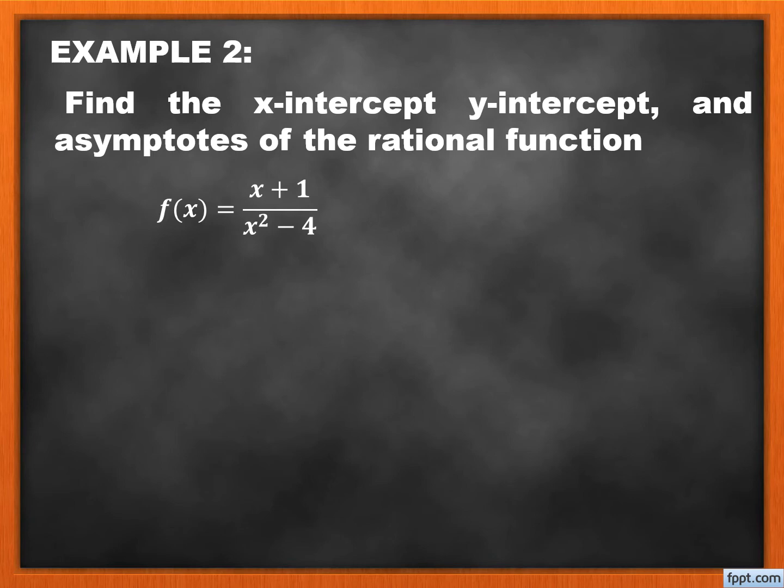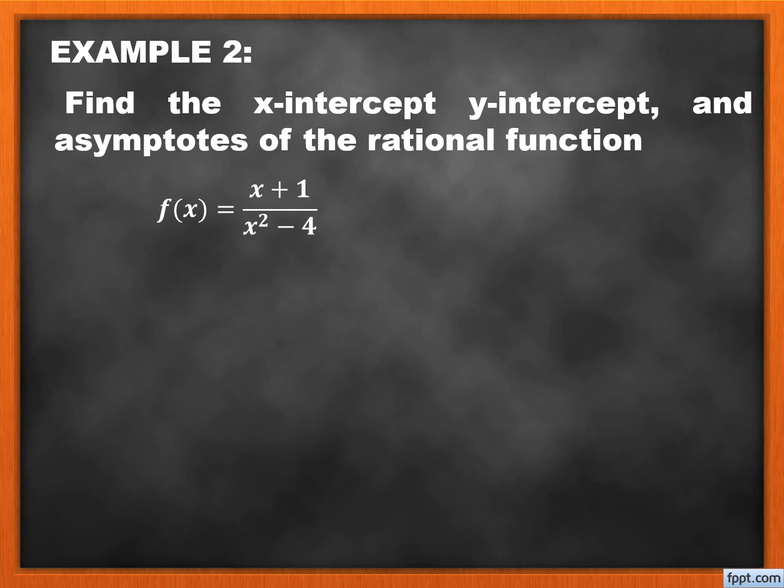So, how to factor out x squared minus 4? By the way, x plus 1, hindi na siya pwedeng i-factor out since its degree is only 1. So, x plus 1 is still x plus 1 in our function.